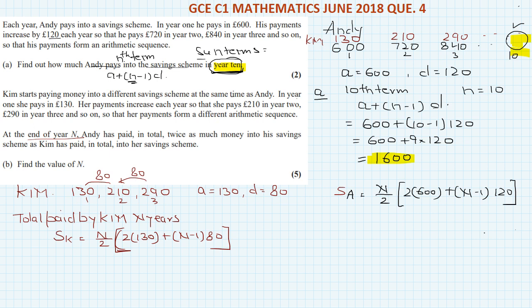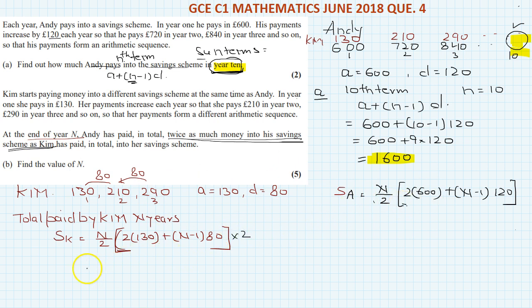But this amount is twice as much money into the saving account as Kim. Andy has paid double, not Kim. So to make it equal, we have to multiply Kim's by 2.